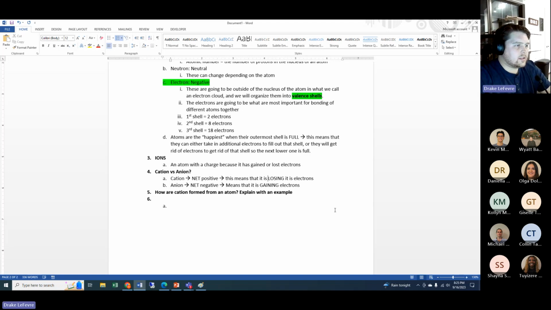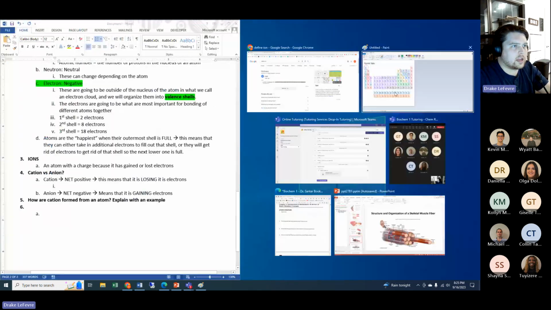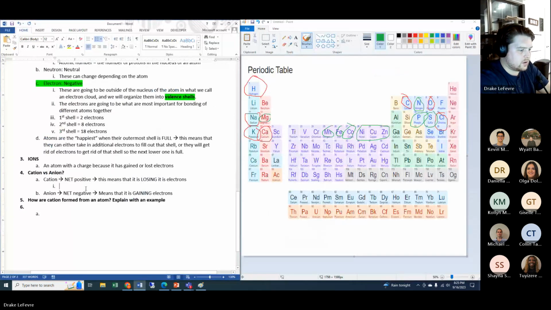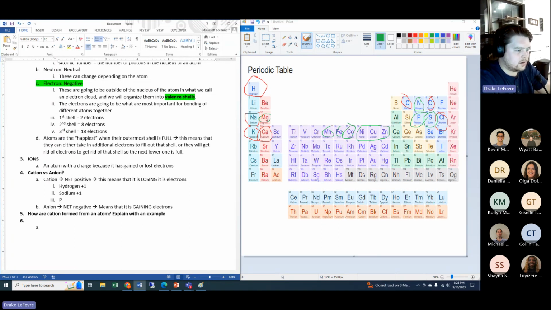So those cations, the ones that we mostly talk about, we can see in that periodic table we circled, is hydrogen, it's a +1. Sodium is a +1. Potassium is a +1.